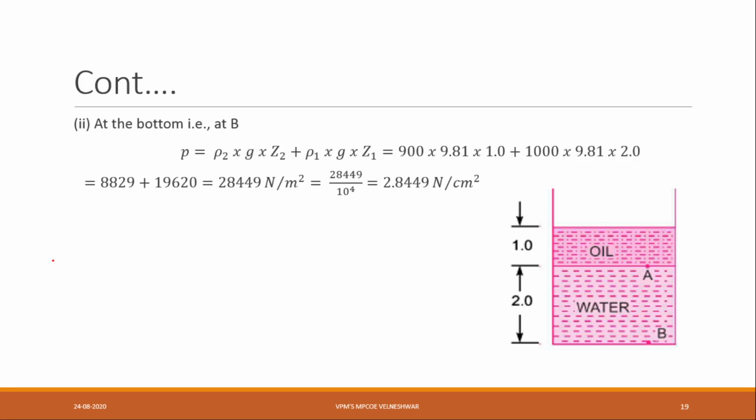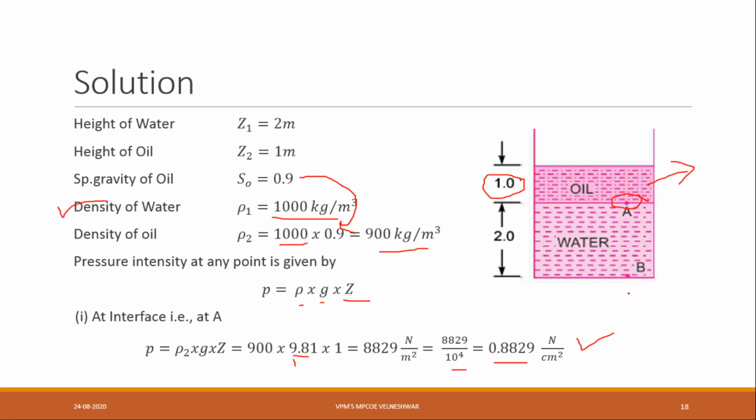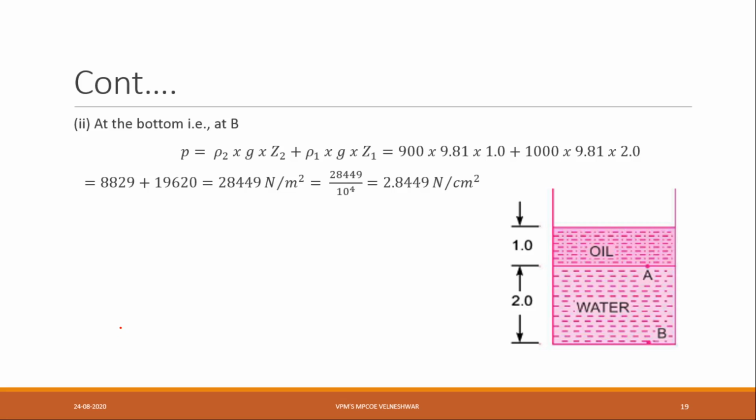P is equal to, now if I am finding the pressure at B, if I am coming from the top, two pressures will be there, that is PA plus PB. Understood? If I am coming from the top, then I have to consider both the pressure at A and the pressure at B. What is P here?